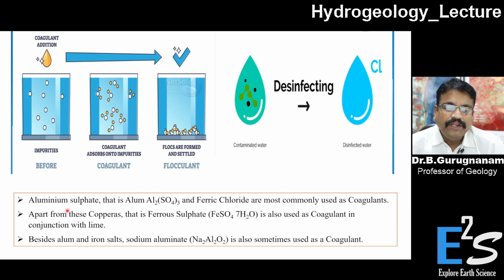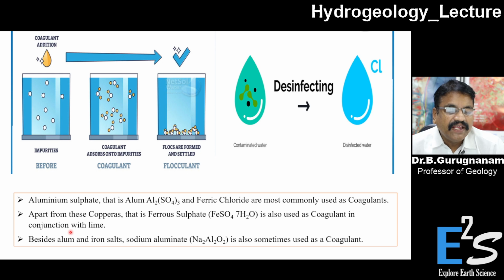Aluminum sulfate, that is alum, and ferric chloride are the most commonly used coagulants. So keep it in your mind: aluminum sulfate and ferric chloride. Apart from these, copperas, that is ferrous sulfate, FeSO4.7H2O, is also used as a coagulant in conjunction with lime.